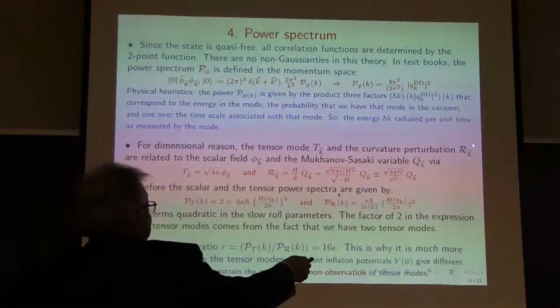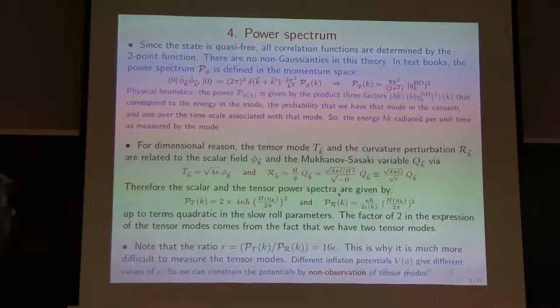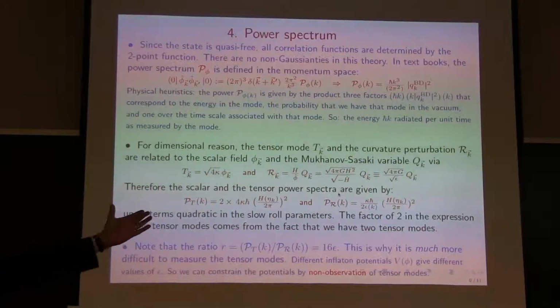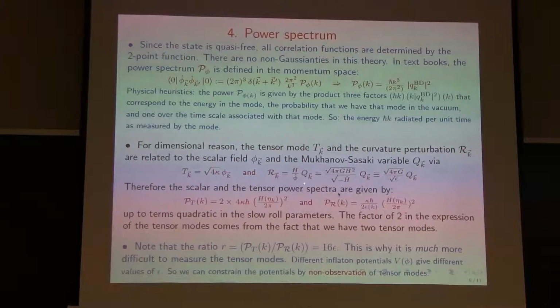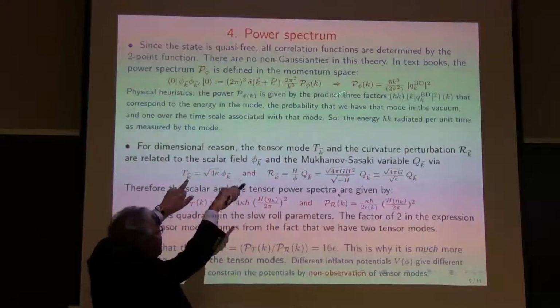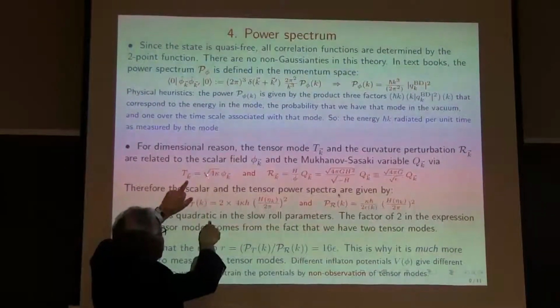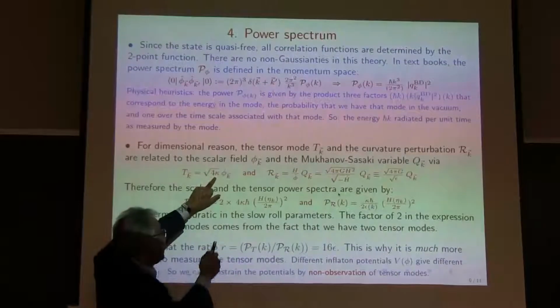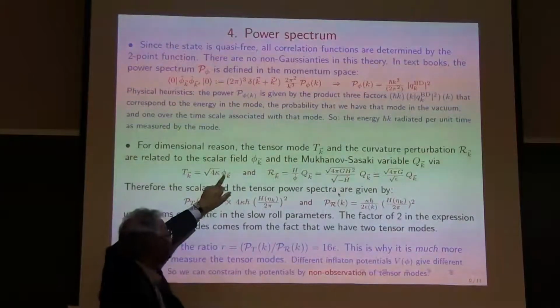the scalar mode curvature perturbations that I introduced before, which is really related to this Mukhanov-Sasaki variable in a very simple way. This is a curvature perturbation, which is related to the Mukhanov-Sasaki variable. We discussed this some time ago. So we got the tensor mode and the Mukhanov-Sasaki variables up here. So the statement is that the tensor mode, in terms of the scalar mathematical field we consider, is just the square root of 4 kappa, where kappa is just 8 pi G, times phi k.